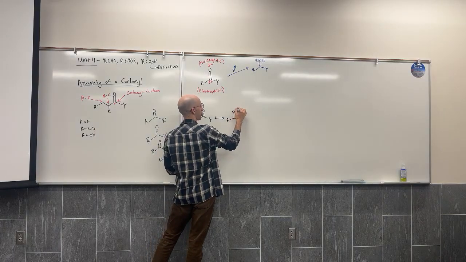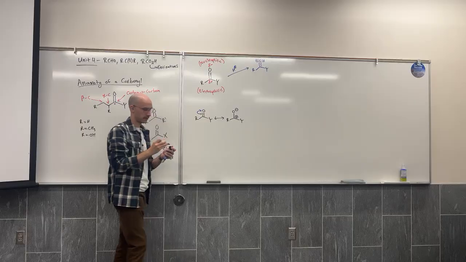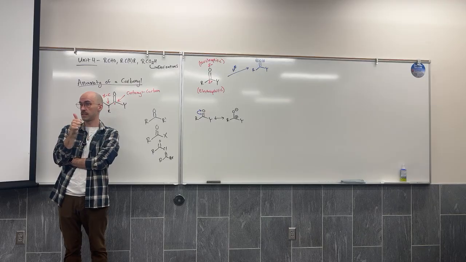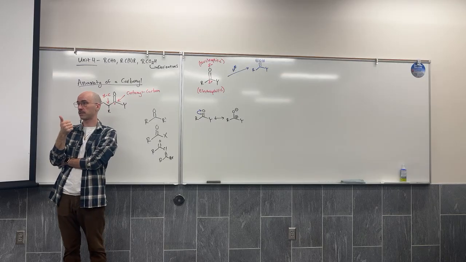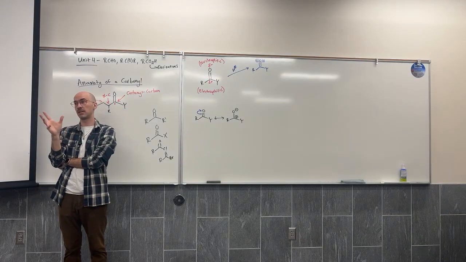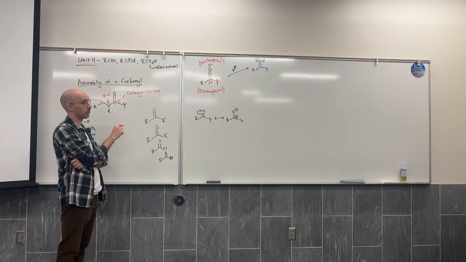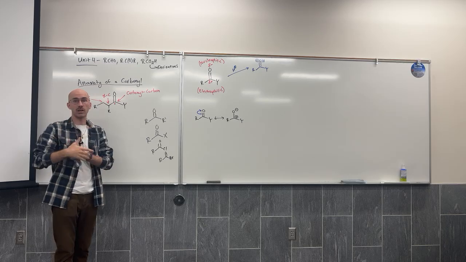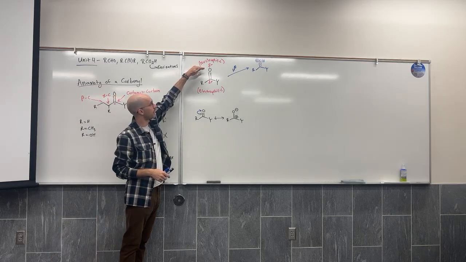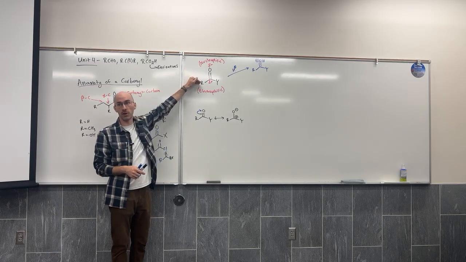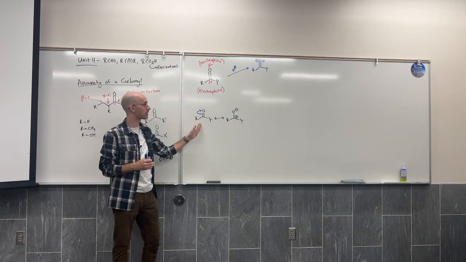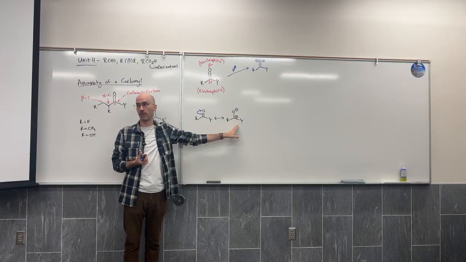Not a better contributor of resonance, but there is resonance, because resonance is the movement of pi electrons, or the delocalization of pi electrons. And here we're showing that the pi electrons of the carbonyl can move to the oxygen, which again explains why the oxygen is partial negative and why the carbon is partial positive. These partial charges exist for the same reason that this resonance form exists.